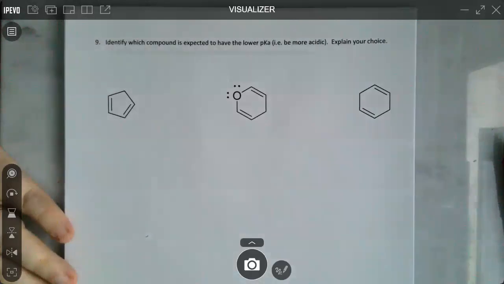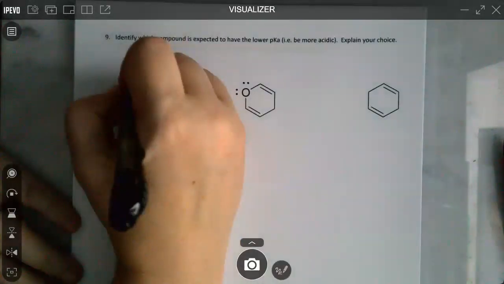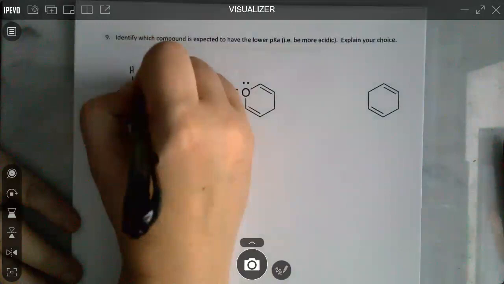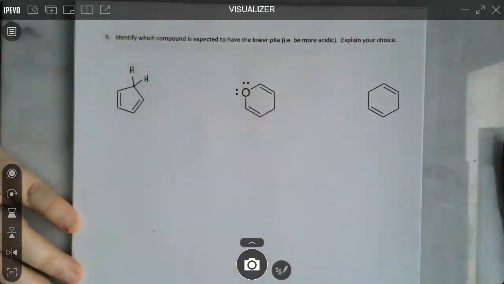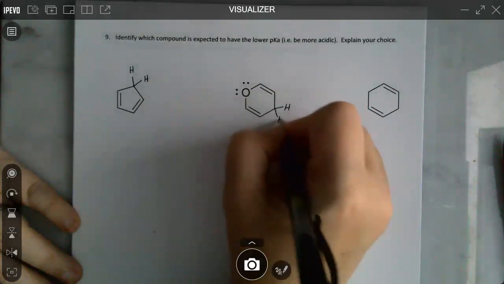All right, moving on to the next question. Identify which compound is expected to have the lower pKa, i.e. be more acidic. Explain your choice. Right, well, we want to draw in some available hydrogens here, and I'm going to focus on these carbons.